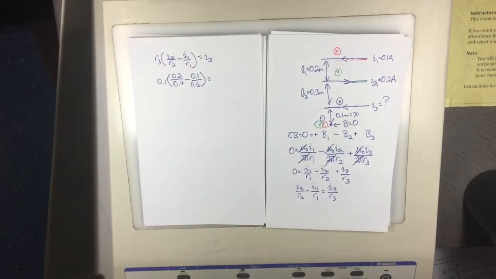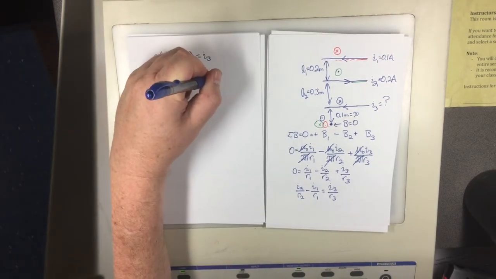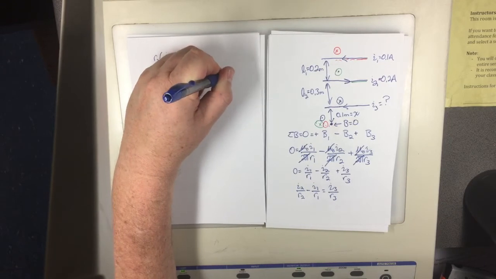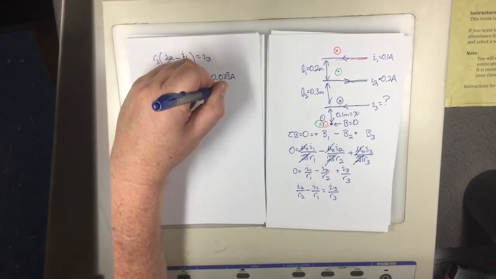So I3 gives me 0.033 repeating amps, or you could just say 33 milliamps.